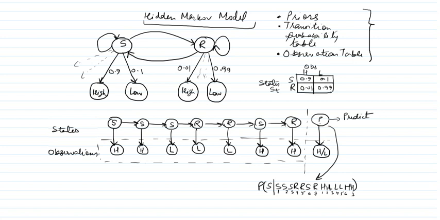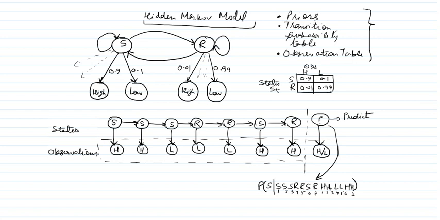Suppose the given observation is high. I have to predict a state. I would also like to predict what could have been the previous most likely sequence of states or most likely sequence of observations, right? I am only given the current observation.